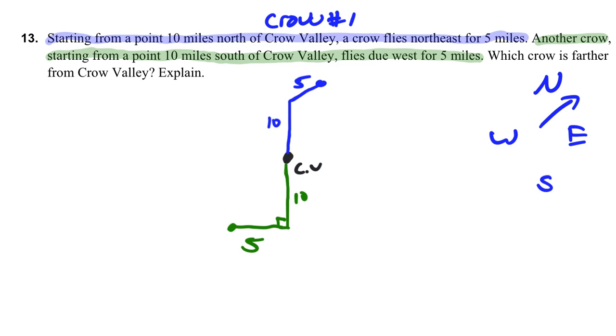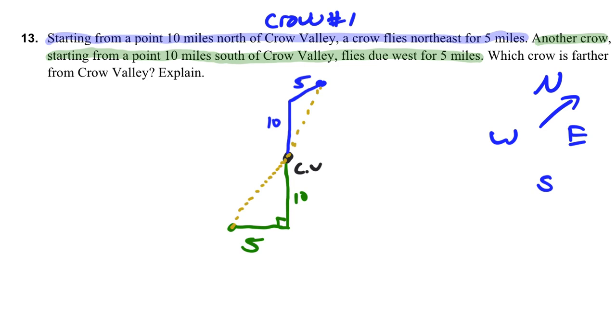Now, what we're looking for is, it asks which crow, if I connected it from the beginning to where they ended, which one is farther? Helps if I can make a little more of a straight line here. So which one's farther from Crow Valley? Now, let's look at this top one really quick.